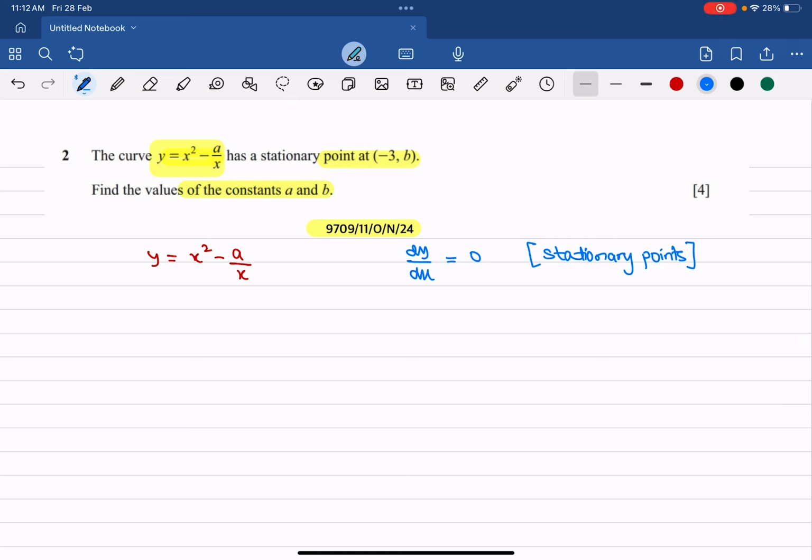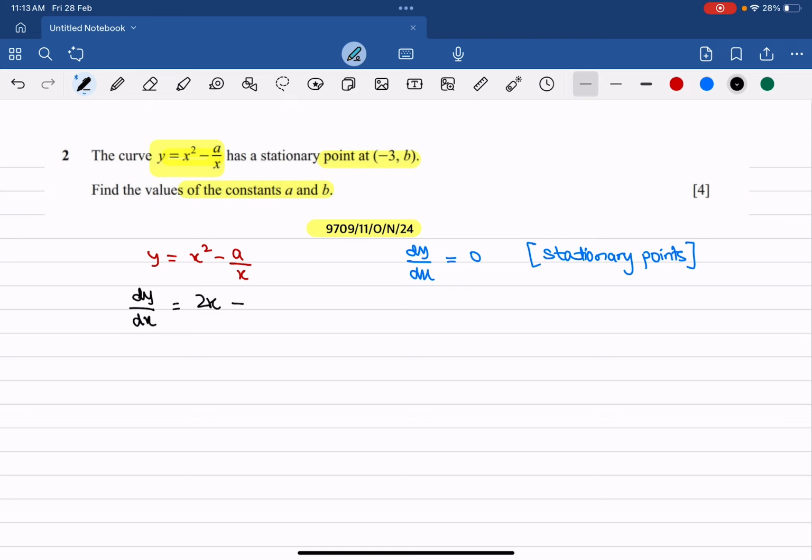Firstly, I'm going to differentiate this given equation. So this is going to be dy by dx, and the differentiation of x squared is simply 2x. How? We shift the power and subtract 1 from the power. So 2x minus. Now how about the fraction a over x?